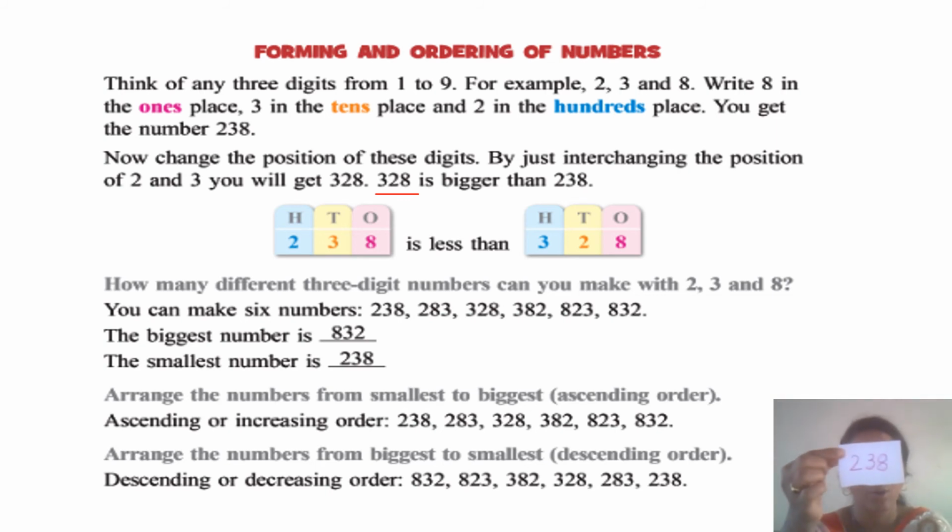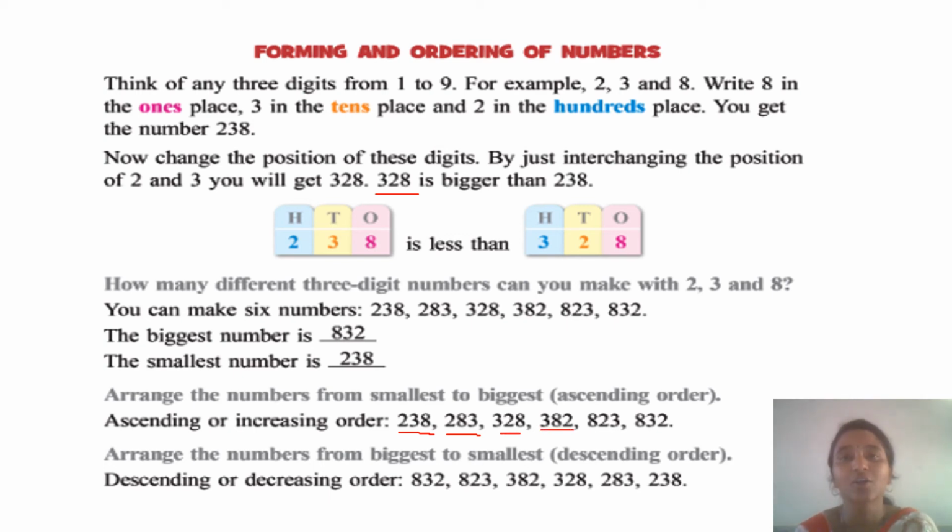Now, if you arrange these numbers from smallest to biggest, it is called ascending order. What is the first smallest number? It is 238. Next 283. Next 328. Next is 382.